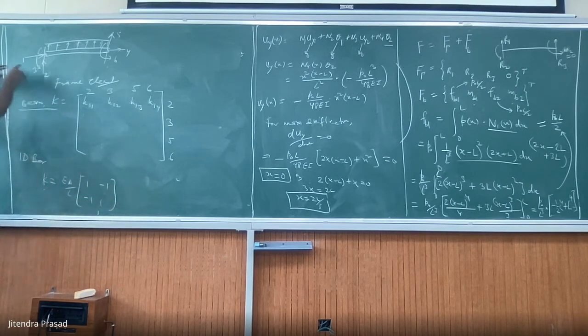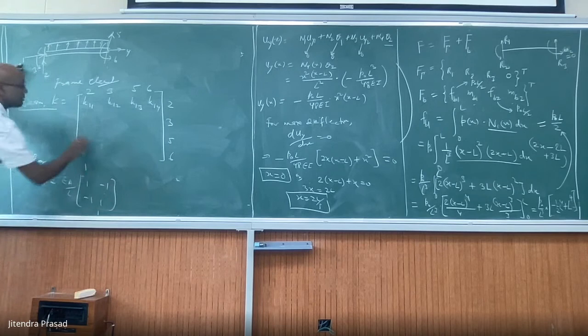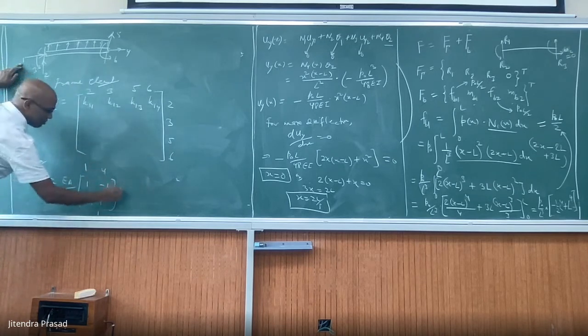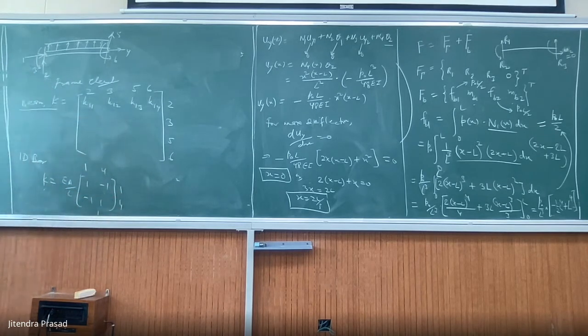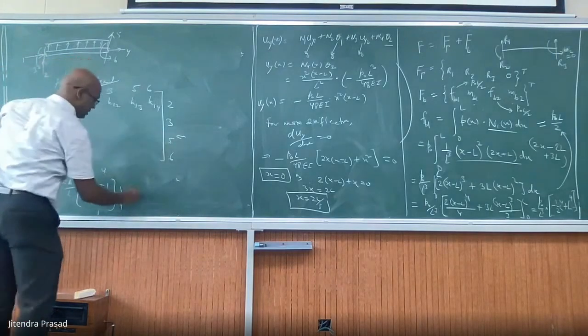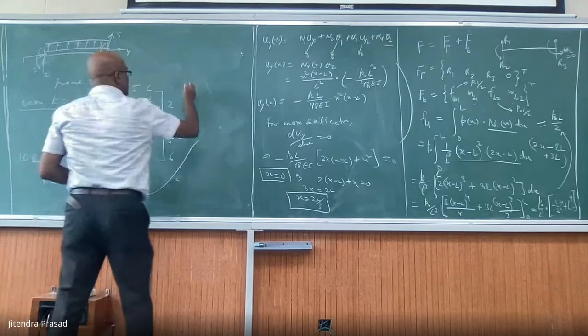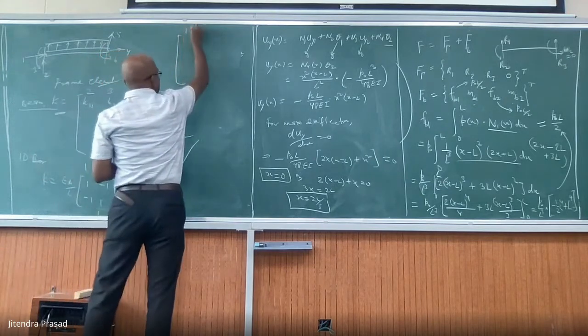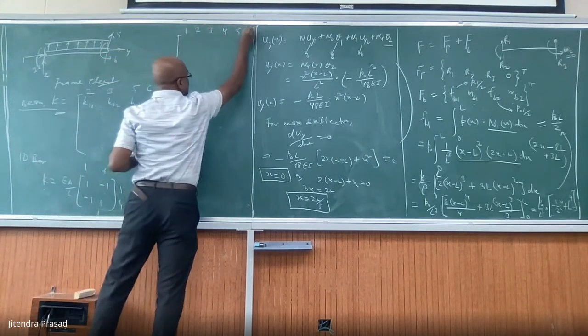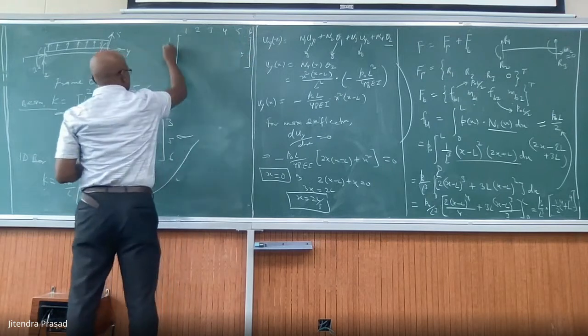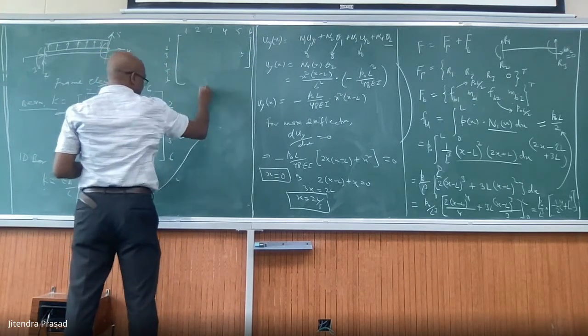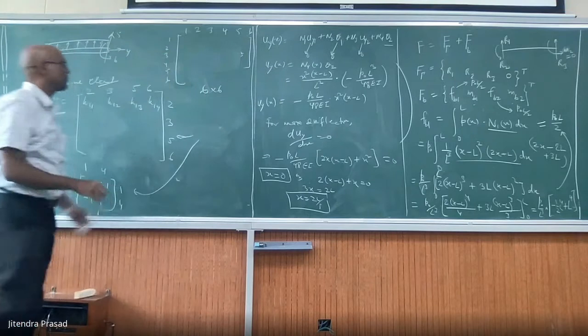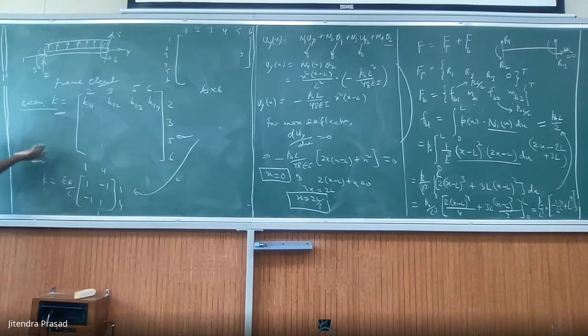That will correspond to 1 and 4. So this will be the beam, this will be the bar, and you assemble them together. Global will be 1, 2, 3, 4, 5, 6. This will be 6 by 6. You can combine them together.